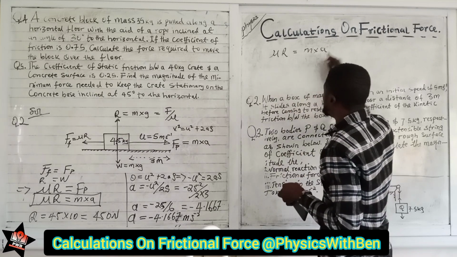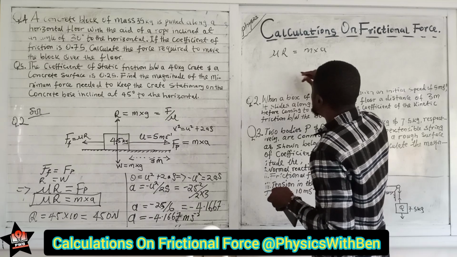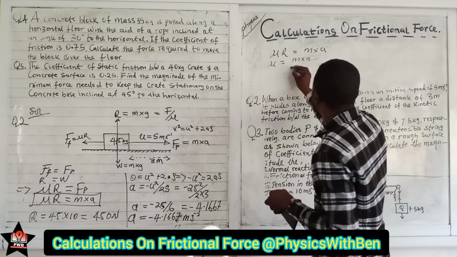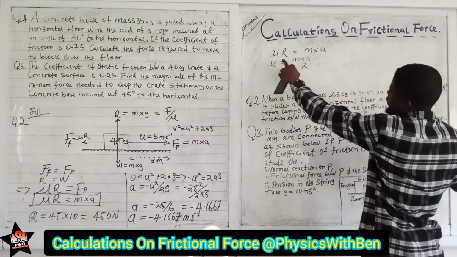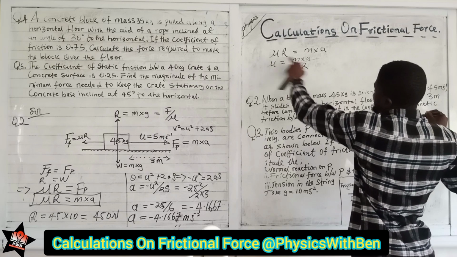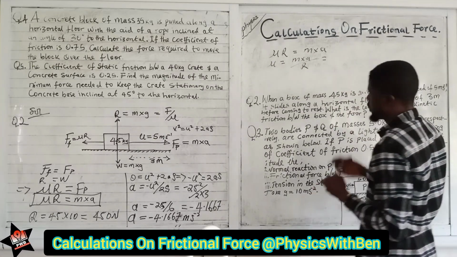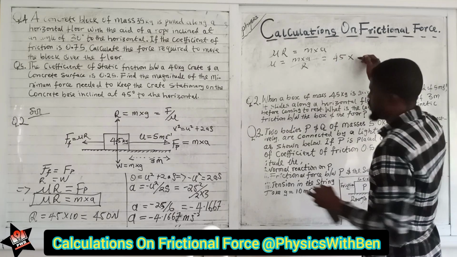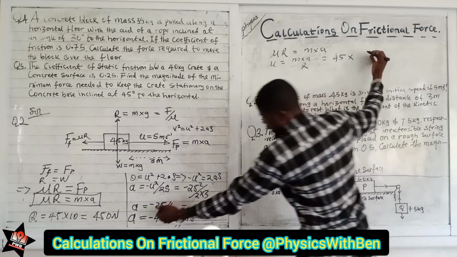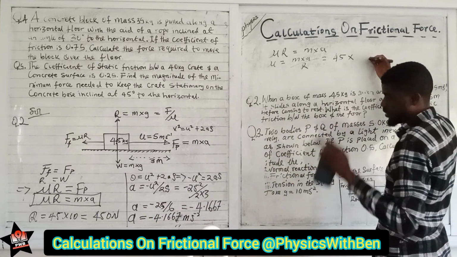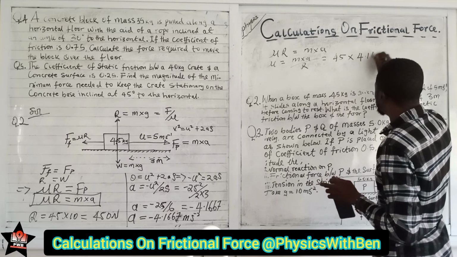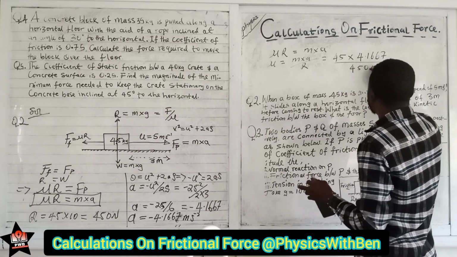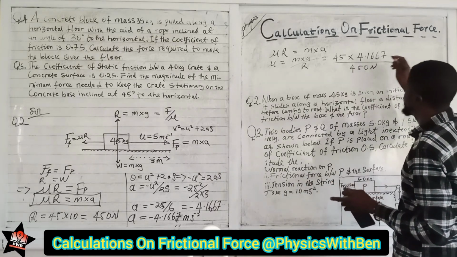So we are going to substitute now. So we write that mu is equal to mass times acceleration divided by R. And by correct substitution, we have that our mass is given to be 45 times 4.1667. We're not going to put the negative sign there because it just indicates deceleration. This is divided by 450 Newton.